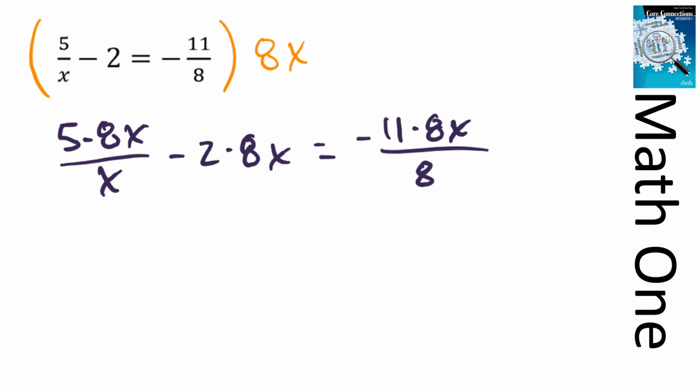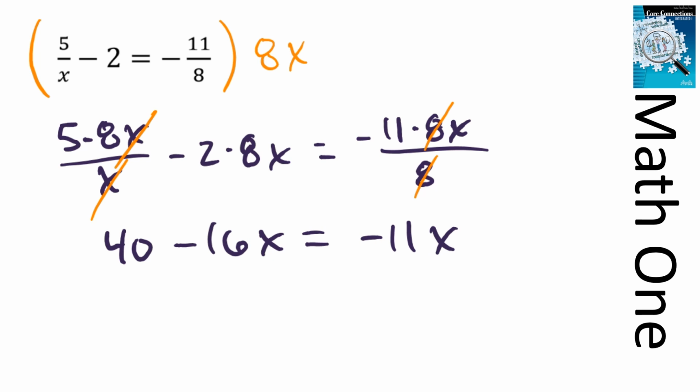Now you can see I can go ahead and eliminate my common factor of x on the left-hand side, and over on the right-hand side there's a common factor of 8 that we can eliminate. When I do that now, this equation becomes 40 minus 16x, and that will equal negative 11x.